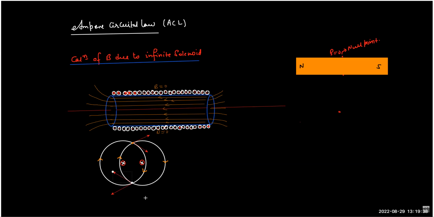If I call them B and B, we can clearly see that the resultant of the two will be horizontal. This will be symmetrical, and we can say this is 2B cos theta. And the same you can say for this here also.